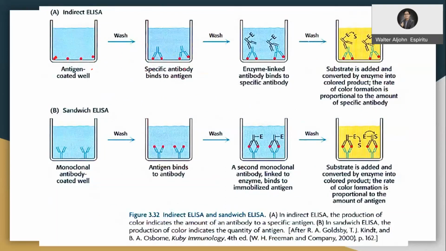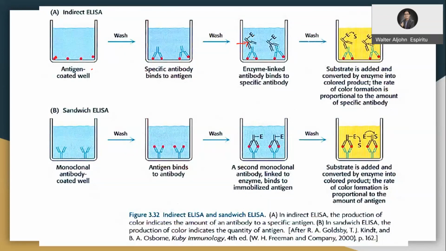Technically, the antibody will bind to the antigen, and then upon washing again, another antibody, which we shall call a secondary antibody, will be directed towards the Fc region of the first antibody. The secondary antibody has the enzyme linked with it.